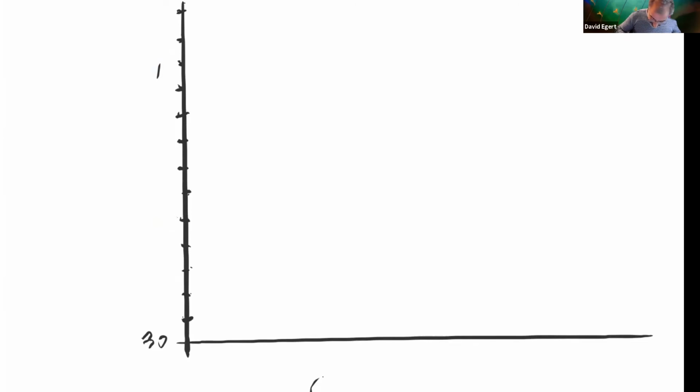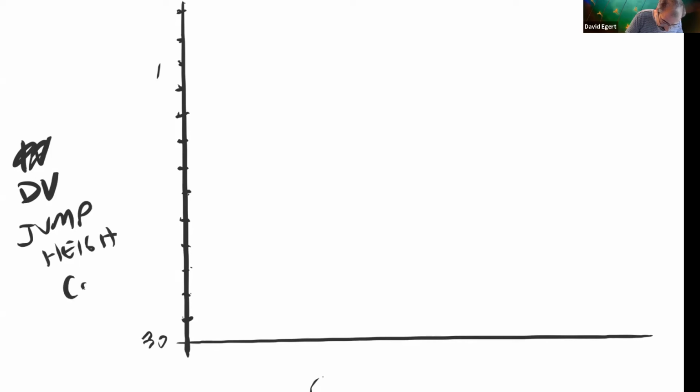All right. This is my dependent variable here. This has to be the jump height. So I just spazzed on you. Jump height in centimeters. This is going to be the calf in centimeters. So this is going to go from 30 to 45.